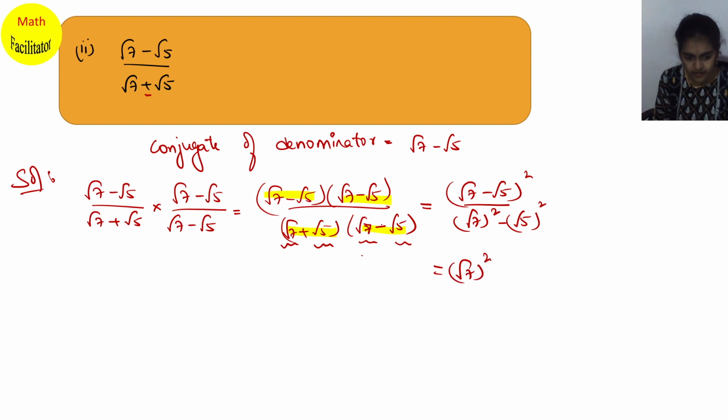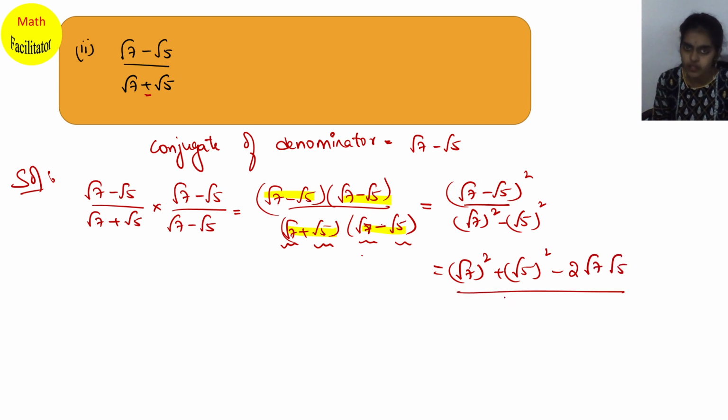So that is equals to, now this is a minus b whole square formula. So a square plus b square minus 2ab divided by root 7 whole square is nothing but 7 minus root 5 whole square is 5. So this is root 7 whole square is 7 plus root 5 whole square is 5 minus, this is like 2ab, root over a, root over b. Can I write as root over ab?